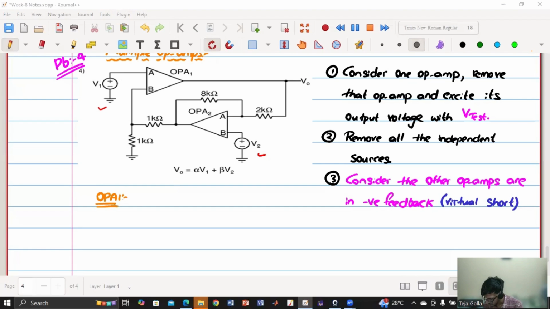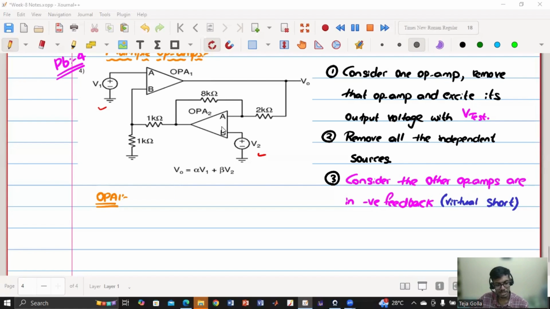Sir, please explain the last point. So what I'm considering is first I'm applying the test for op amp 1. I will assume that op amp 2 is already considered in the negative feedback. So when it is in the negative feedback, what happens? A and B are virtually shorted. So I'll consider these two terminals are virtually shorted. That assumption I will make, and then I'll check what the terminals of A and B should be for it to be a negative feedback.